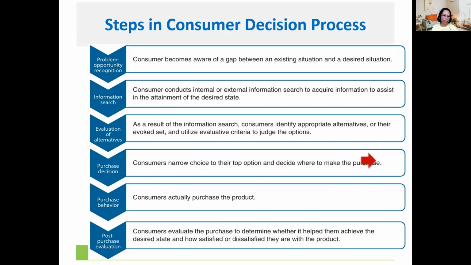Then next is the actual purchase behavior. This is when consumers actually purchase the product. And afterwards is the post-purchase evaluation. Consumers evaluate the purchase to determine whether it helped them achieve the desired state and how satisfied or dissatisfied they are with the product.